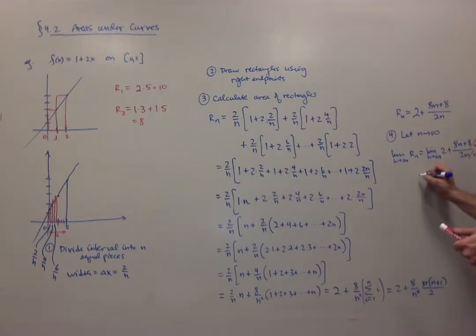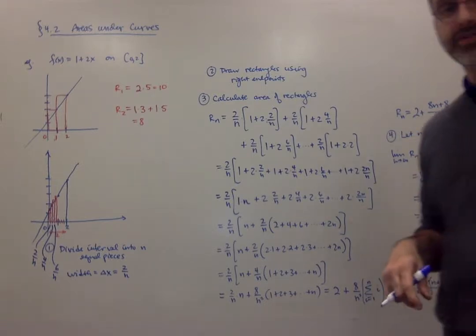So I'm going to keep writing my limit, I've got a 2 there. If I divide the top by n, I get 8 plus 8 over n, and the bottom's just going to be 2. And that 8 over n part goes to 0 nicely, so the answer turns out to be 2 plus 8 over 2, which is 2 plus 4, which is 6, which is the number that we computed before.